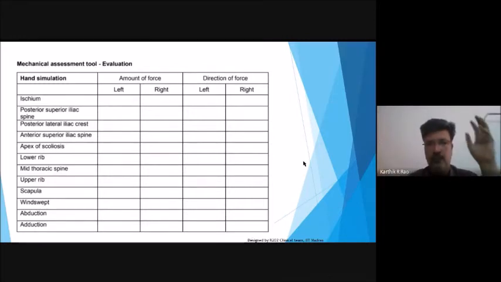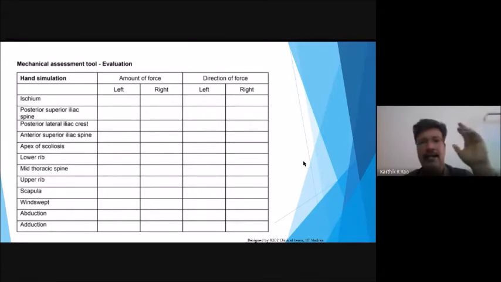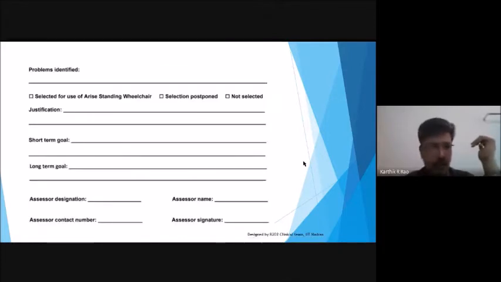Okay, so we are looking at two things. One would be the amount of force that we are applying, and the direction in which it should be applied, towards the left side, towards the right side, and things like that. And once we have gone through the entire assessment, we identify these are the problems, and based on that, we note down whether this person is selected. Can he proceed and recommend the use of a Rise standing wheelchair?